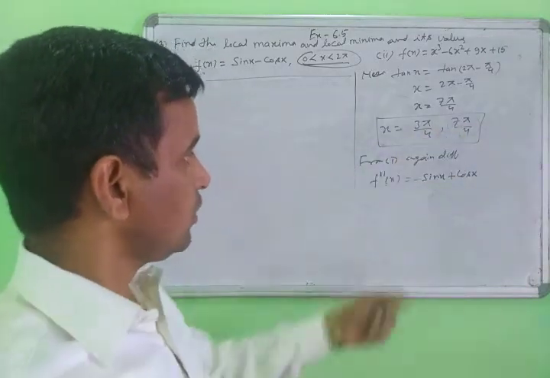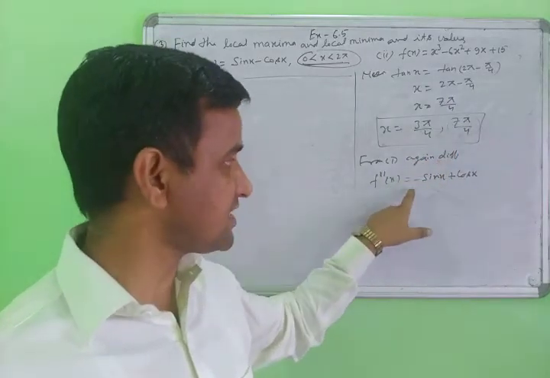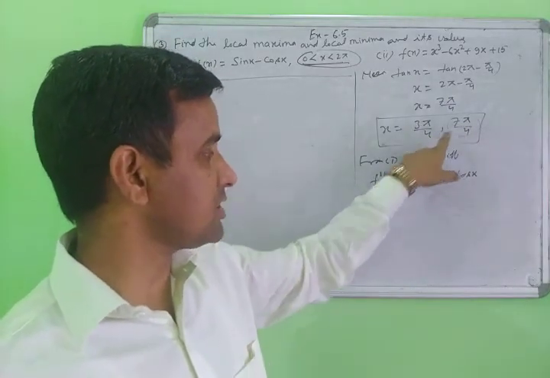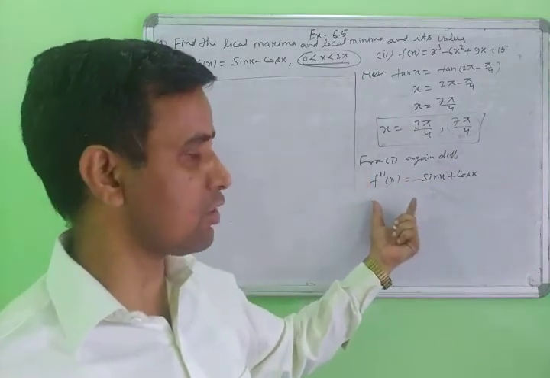Now using this, check whether this point is a maximum point or minimum point. You put this point in the function again, then you will check whether this point is maximum or minimum.